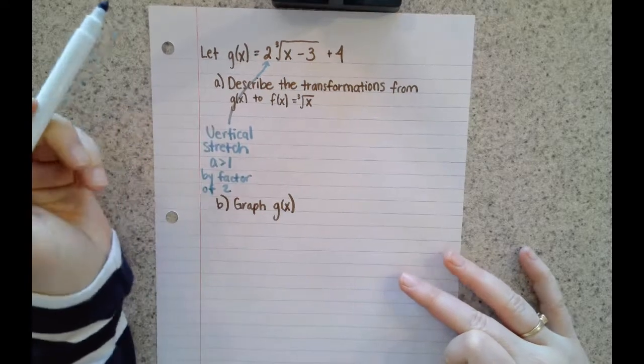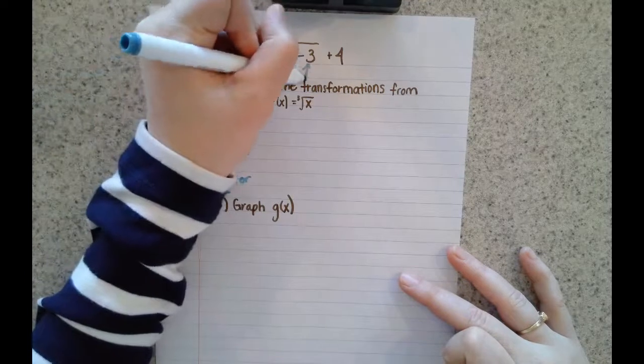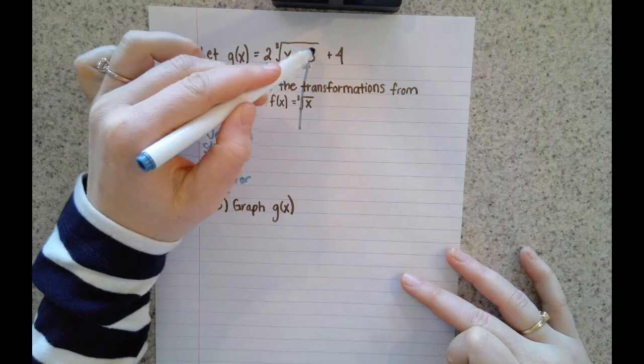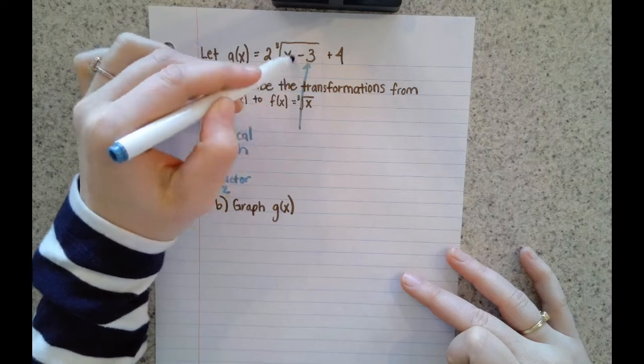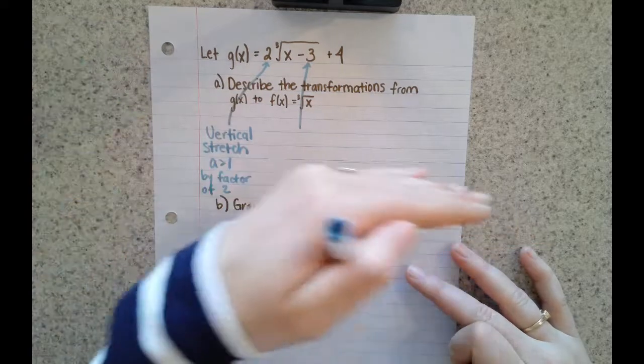All right, the next change thrown into this equation is the -3 underneath the square root symbol. If you have a number added or subtracted underneath your square root, that's going to cause a horizontal translation.